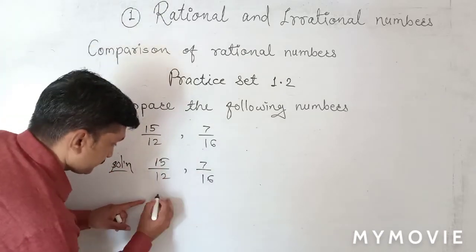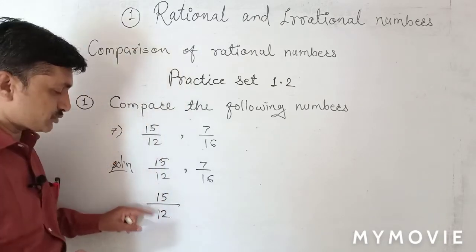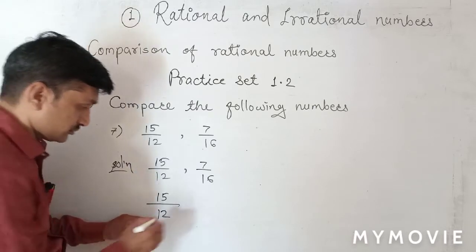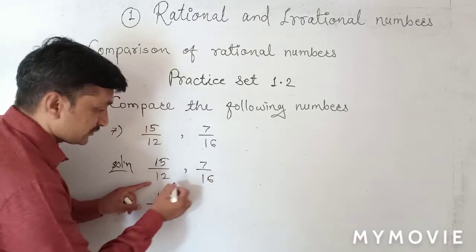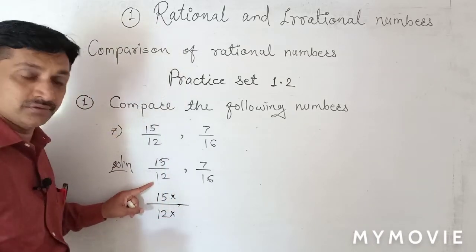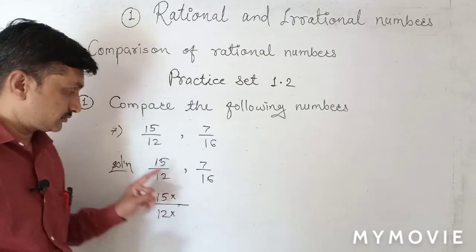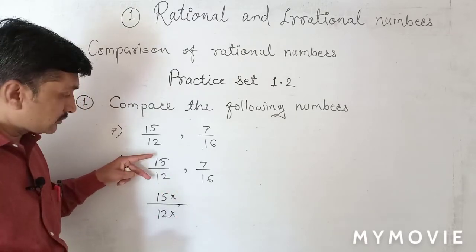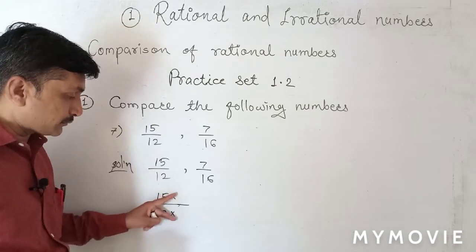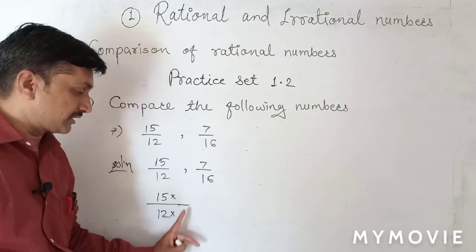Now see here, 15 upon 12, this is the first fraction. We have to make their denominators equal. That's why multiply the first fraction by the denominator of the second. See what I am telling? Write the first fraction as it is and multiply by the denominator of the second to both numerator and denominator.